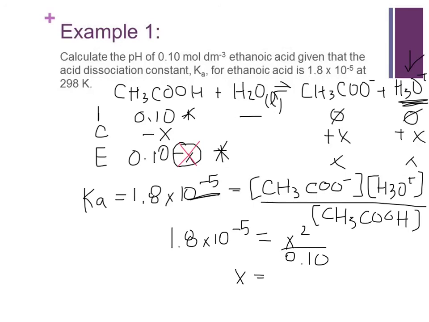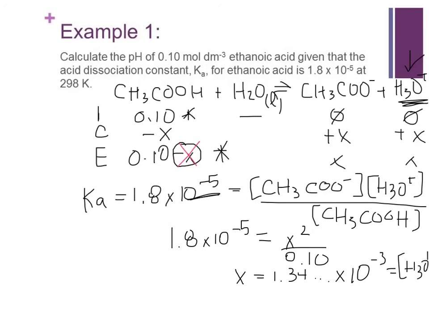If we were to solve this then, x would be 1.34 times 10 to the negative 3. This is our hydronium ion concentration.